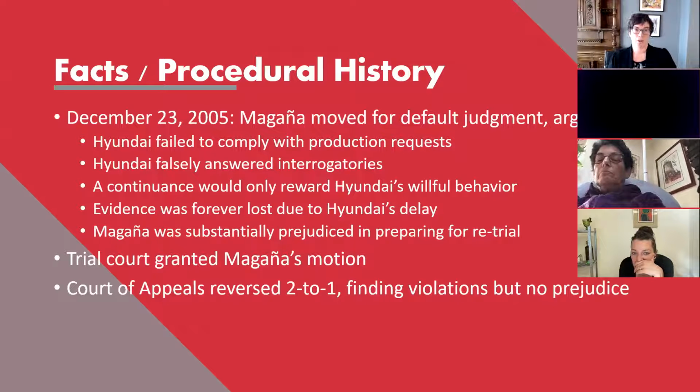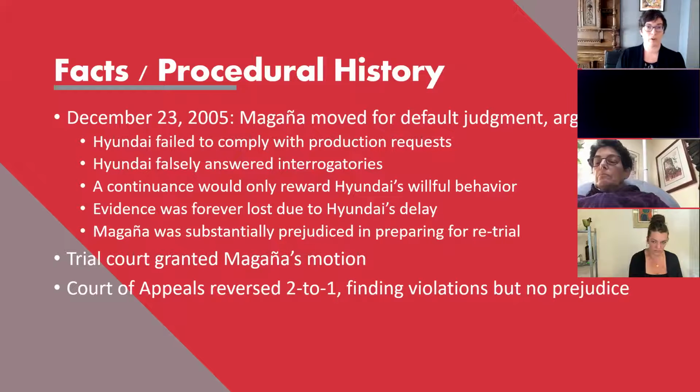And that as a result, Magana was substantially prejudiced in preparing for retrial, and that Hyundai should not only be given more time to investigate into this issue, more time would not have fixed this prejudice, and that instead a default judgment should be rendered against Hyundai, and the trial court agreed.